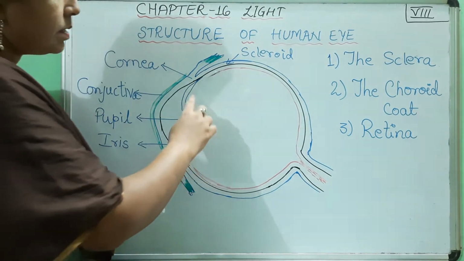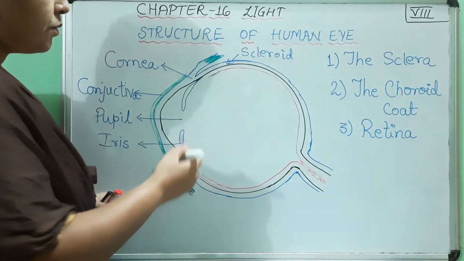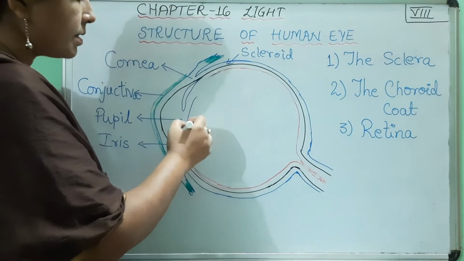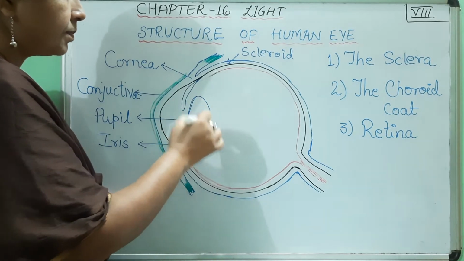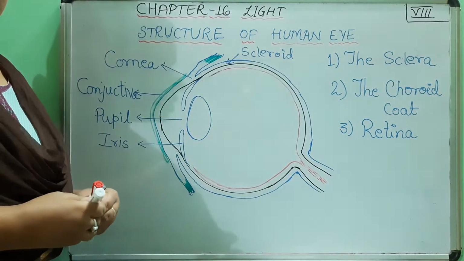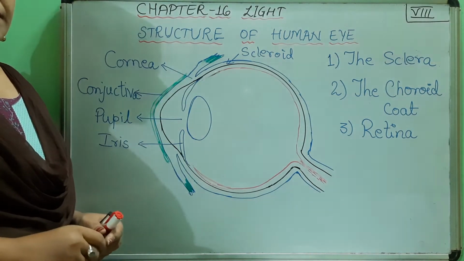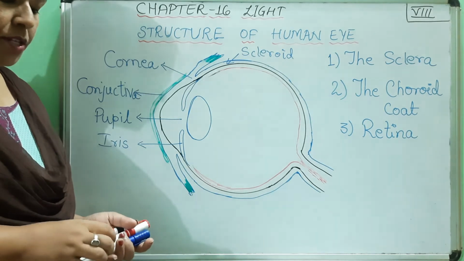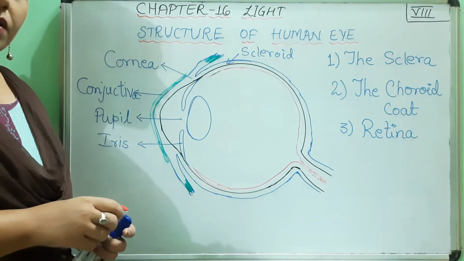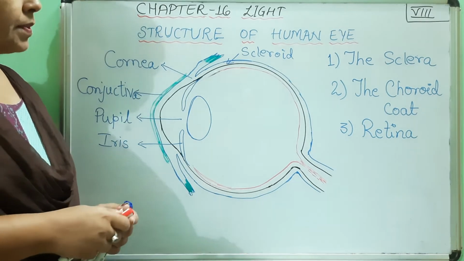Now, behind the iris, we have the eye lens. Eye lens is a transparent pouch filled with transparent jelly-like substance, and has the shape of a convex lens.